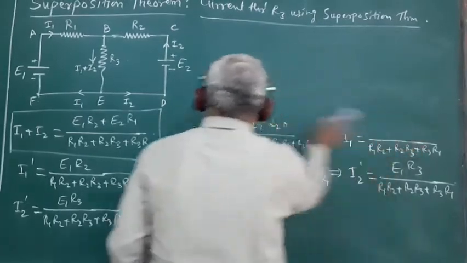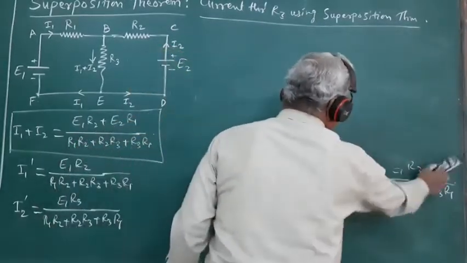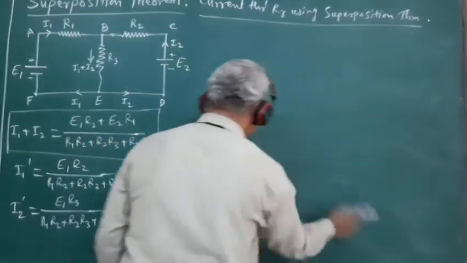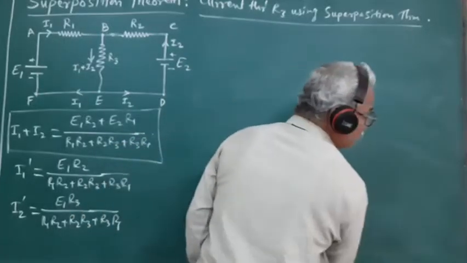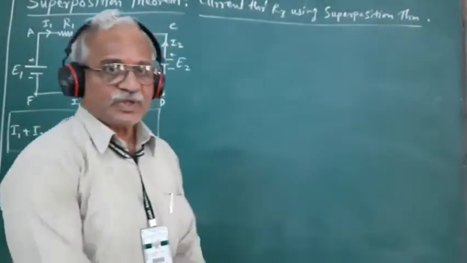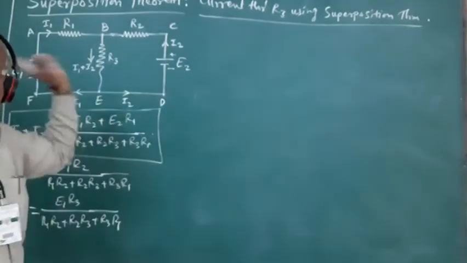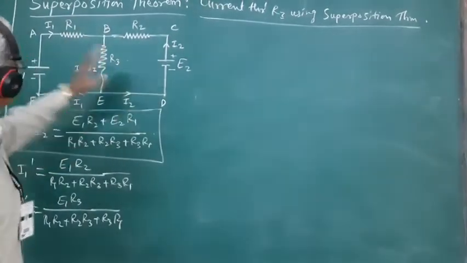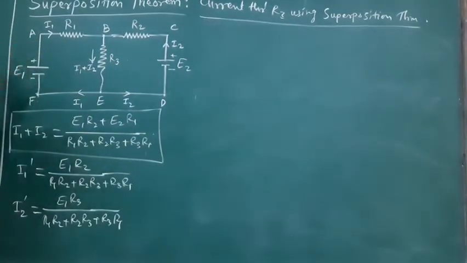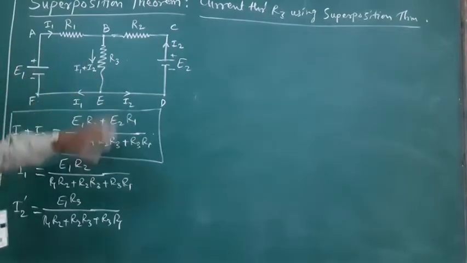Now, let us obtain the current with this resistance R3 due to the source E2. Due to the source E2, and for that purpose, we have to kill the first source E1 for its EMF by retaining its internal resistance in the circuit.